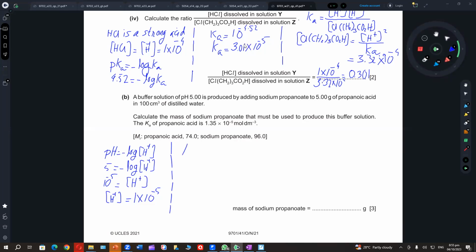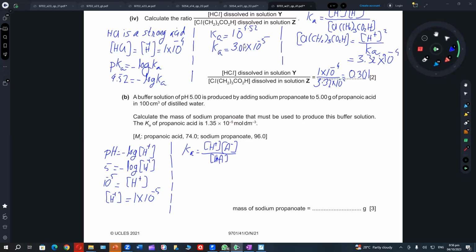Now you have to use a formula of Ka. We have two formulas there. Shouldn't we find pKa? We can do that also, but the pKa formula was originally this formula. If you look at the notes, this was the main formula.